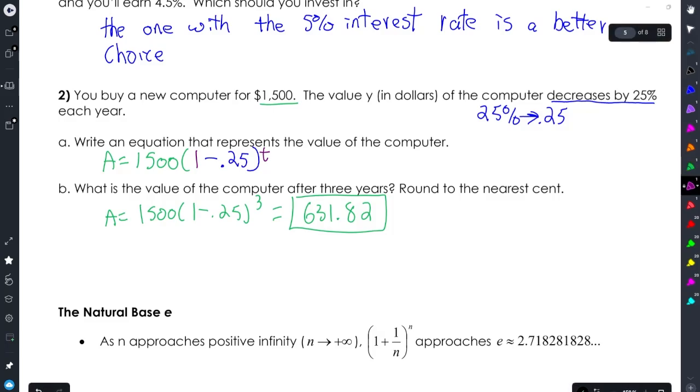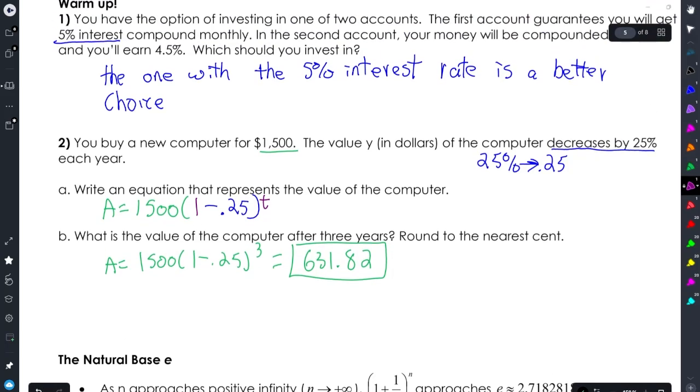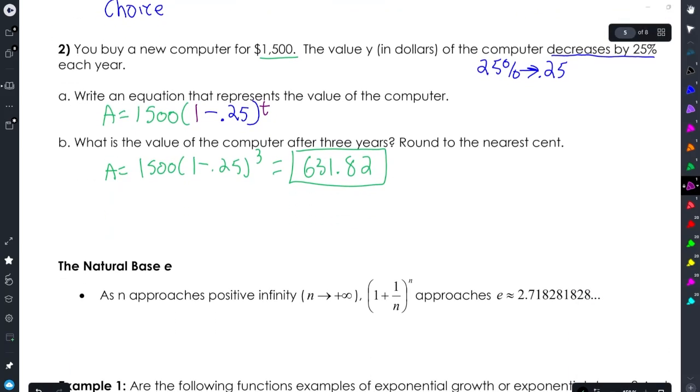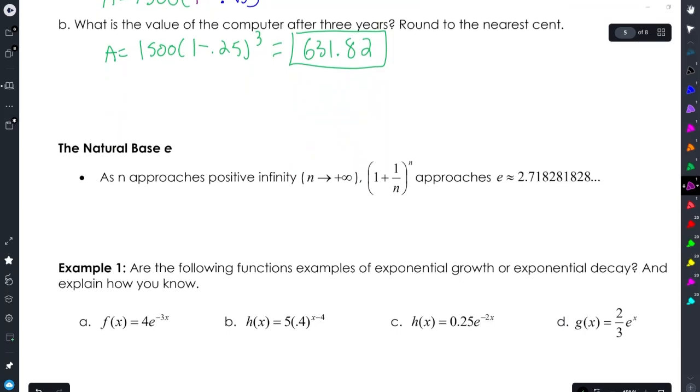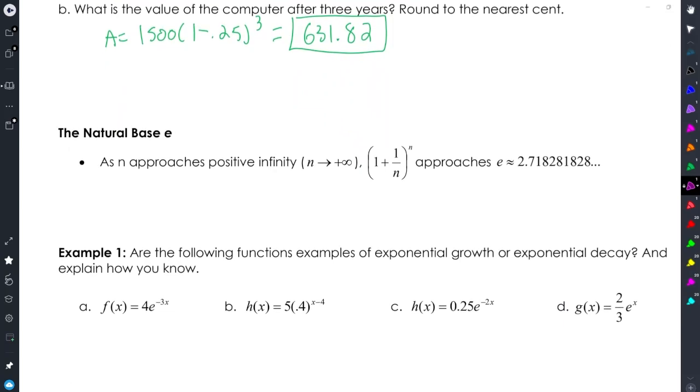All right, so that was just kind of a warm-up with what we've done the last few days. Now we're going to talk about the number e. So the number e is called the natural base, and as n approaches positive infinity of this expression, what that gets us is about 2.718, this repeating decimal.